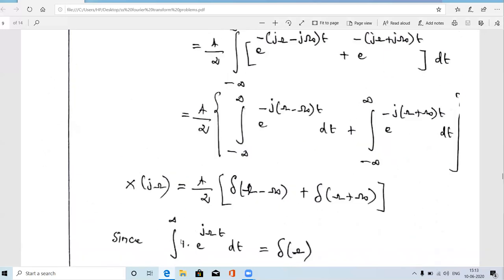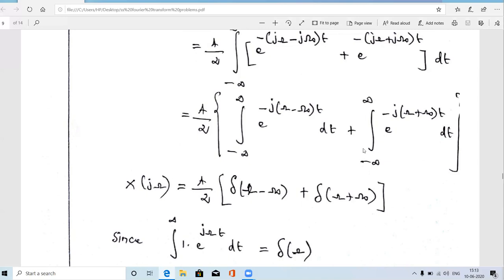So you just compare this integration with this integration. Here in the integration, in the place of omega, what term is there? Omega minus omega naught. So the answer for this integration is del of omega minus omega naught.